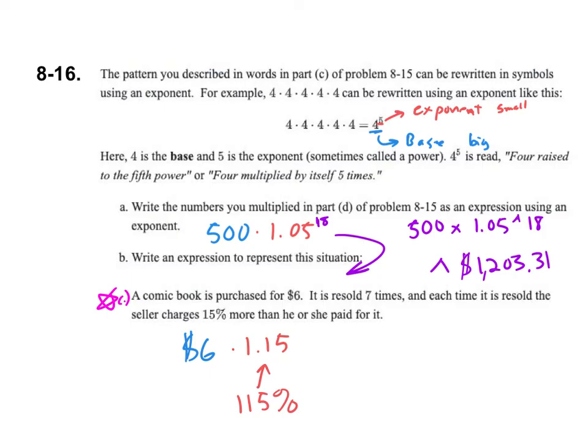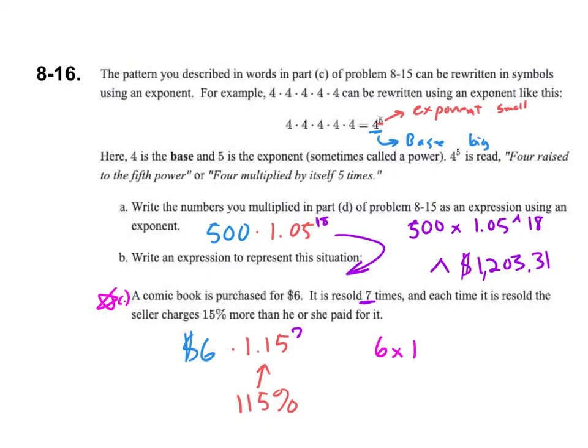Now, that's being resold 7 times. So I'm going to raise this to the power of 7 because I need to multiply 1.15 by itself 7 times. So to plug this into your calculator, I really think you should practice this, especially if you're going to use a keyboard, if you want to use some sort of a calculator.